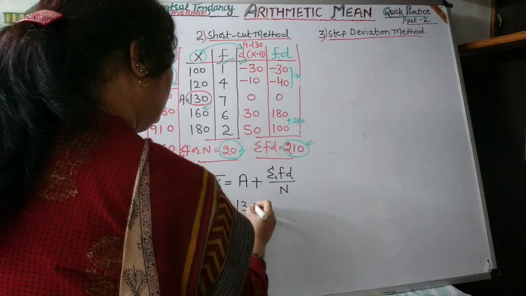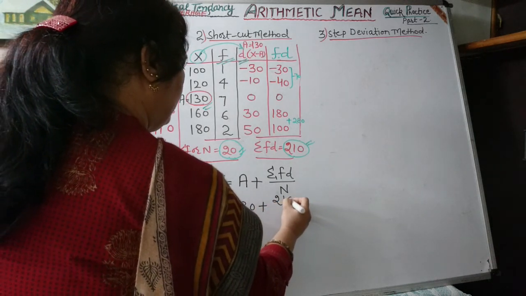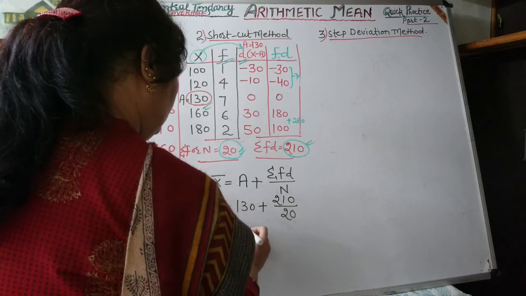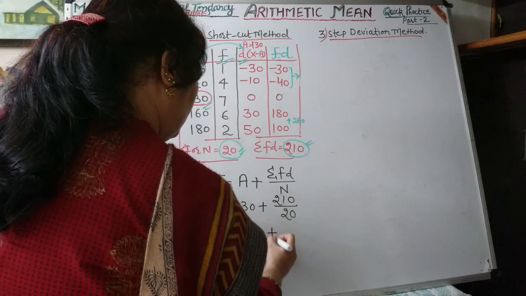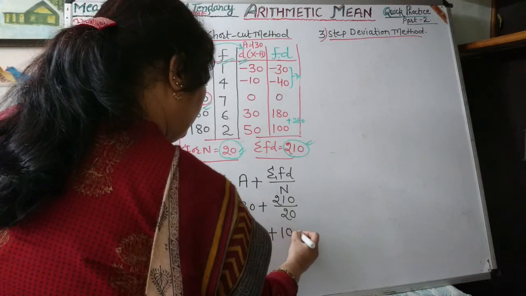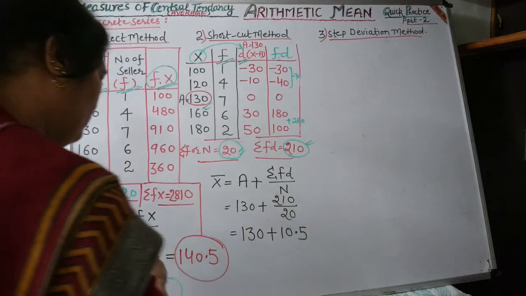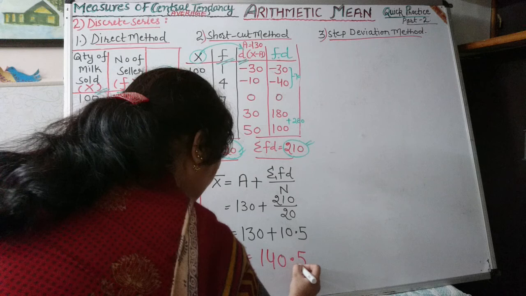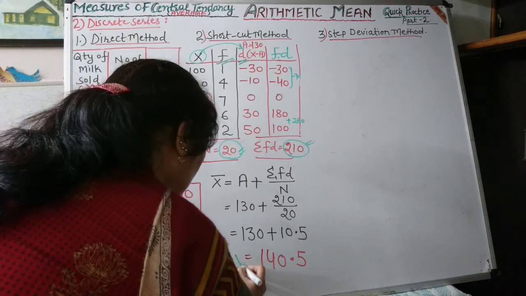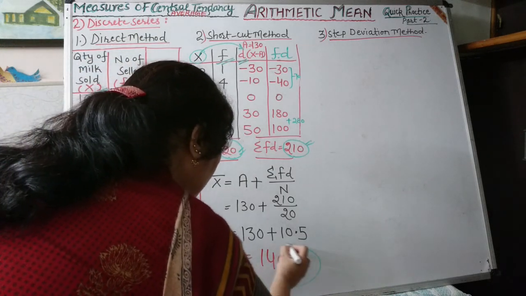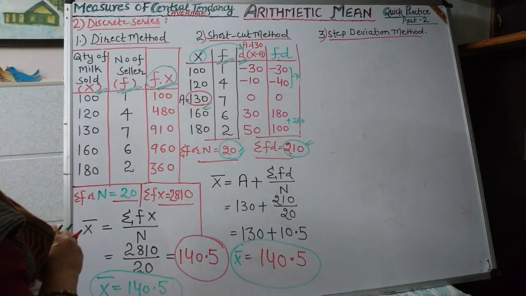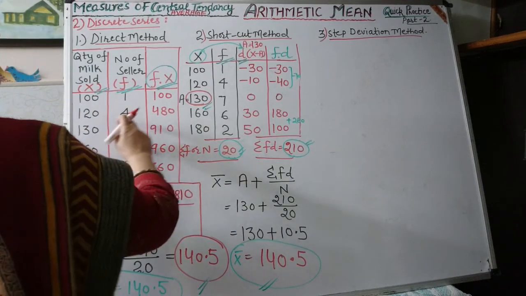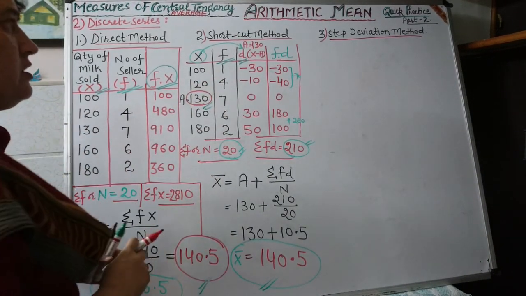So 130 plus 210 divided by 20 is equal to 130 plus 10.5, which is equivalent to 140.5. So the value of arithmetic mean is 140.5. The logic is that whether we calculate arithmetic mean by direct method or by shortcut method, the answer is the same.